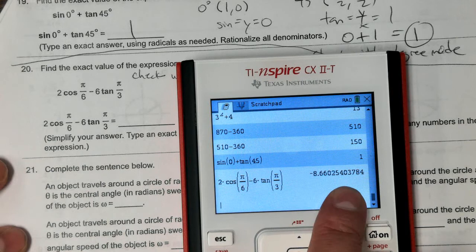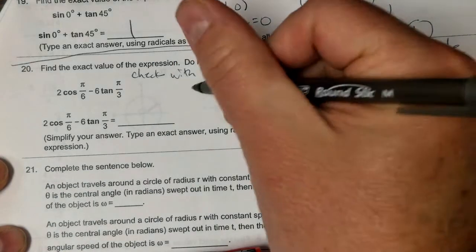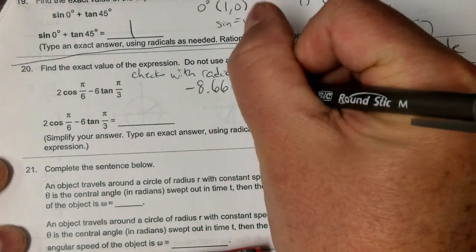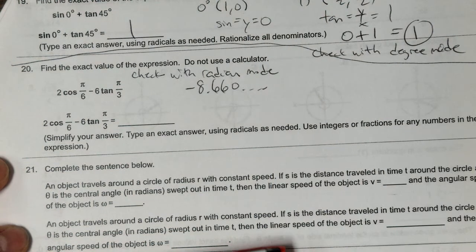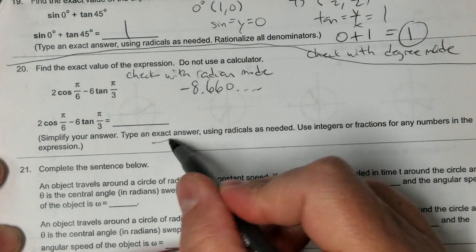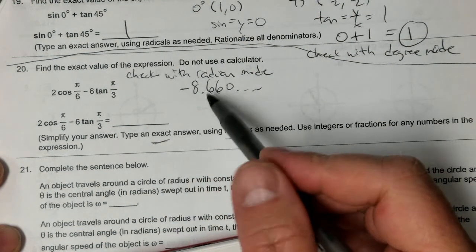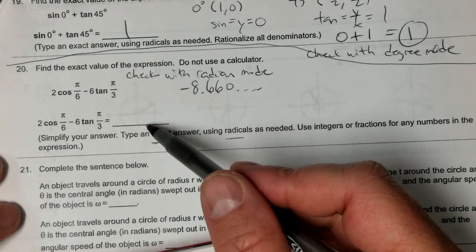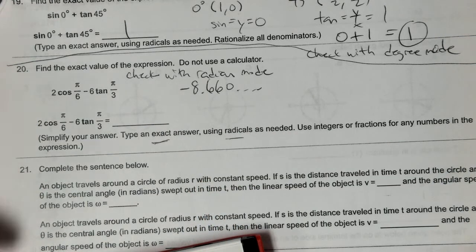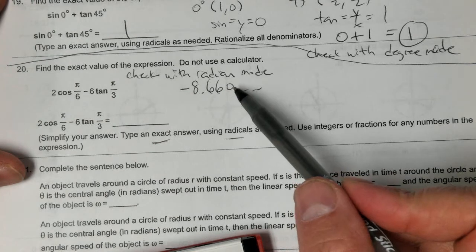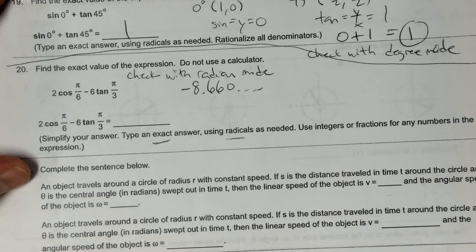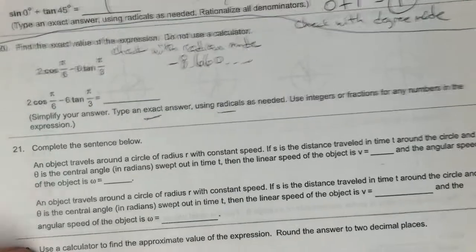So that's the decimal negative 8.660 some other stuff. It does say to get an exact answer using radicals, and so you can't just abbreviate that. That'd be wrong. But that's the number you're going towards. So work towards that.